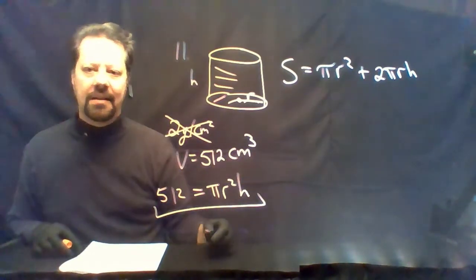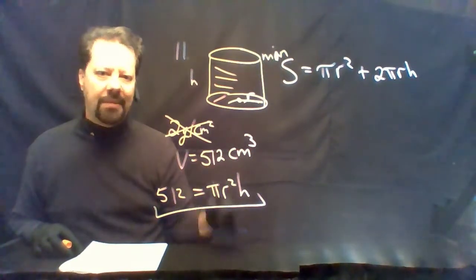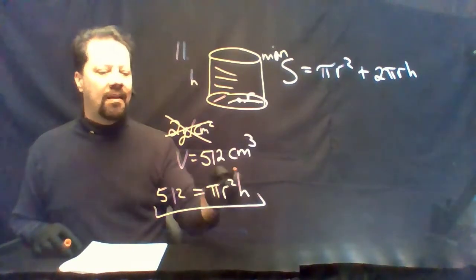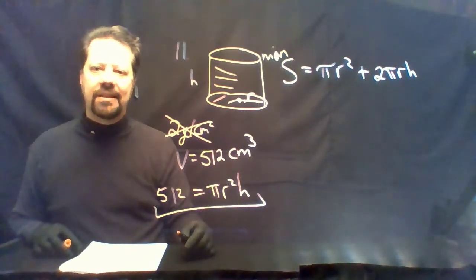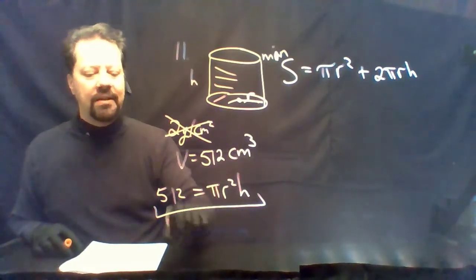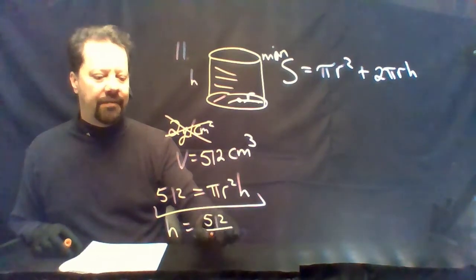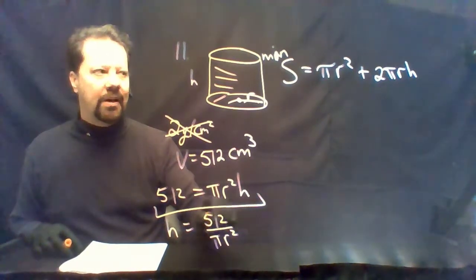S is the objective function, and we're trying to minimize that in order to minimize the total weight. The volume formula is our constraint. It allows us to eliminate one of the independent variables. So if we solve for h, we'll have 512 divided by pi r squared for h.